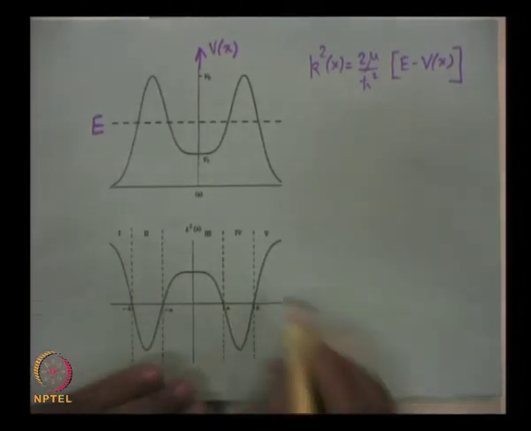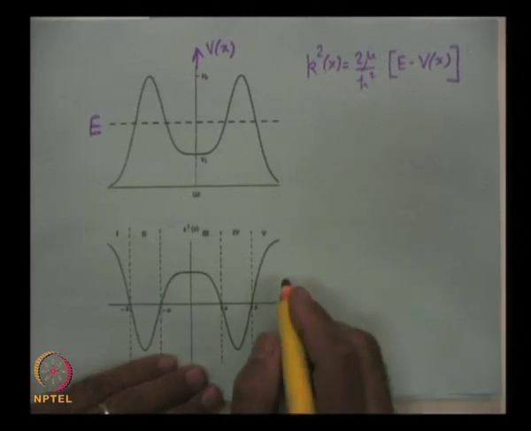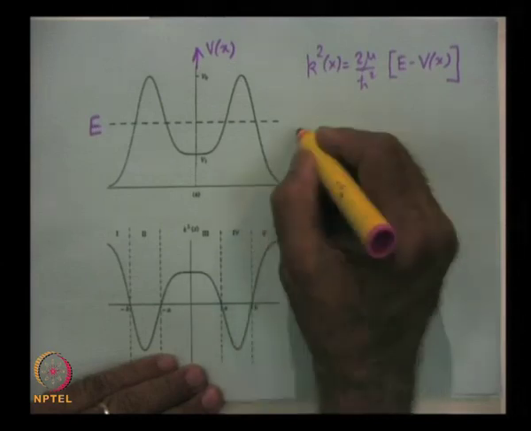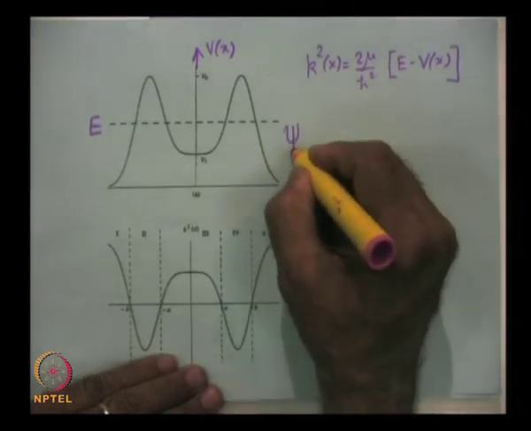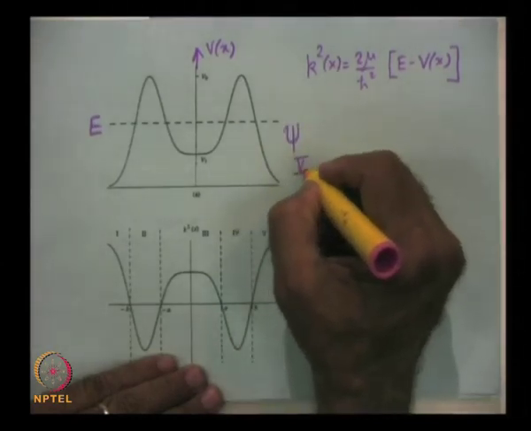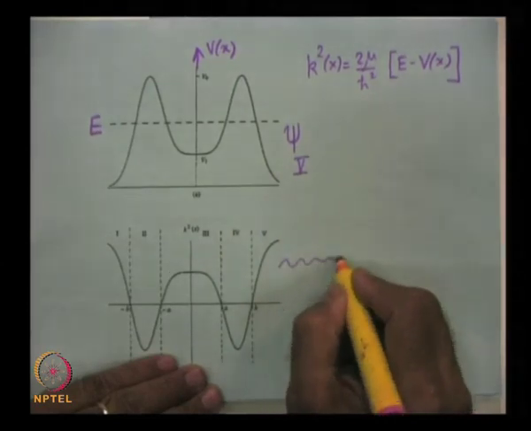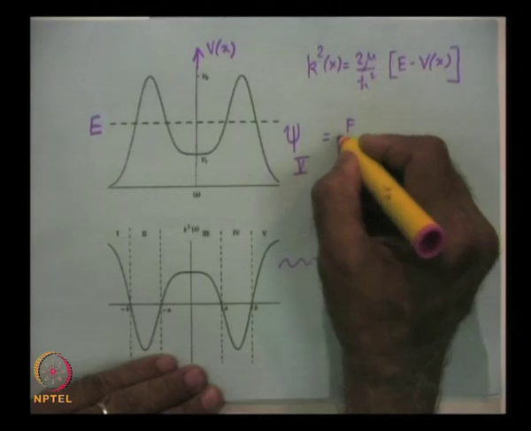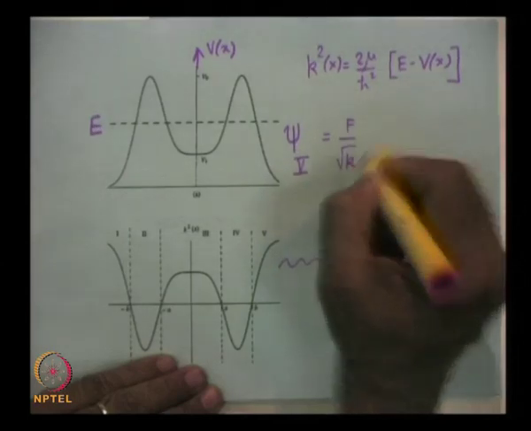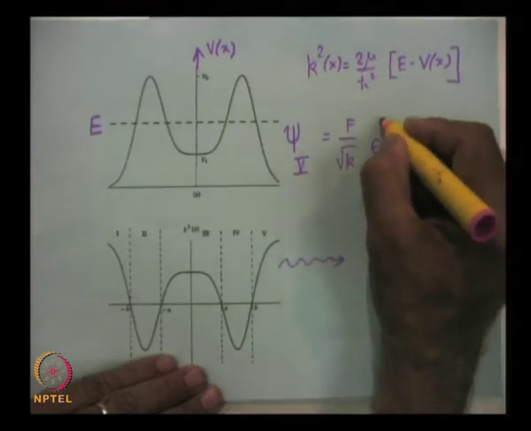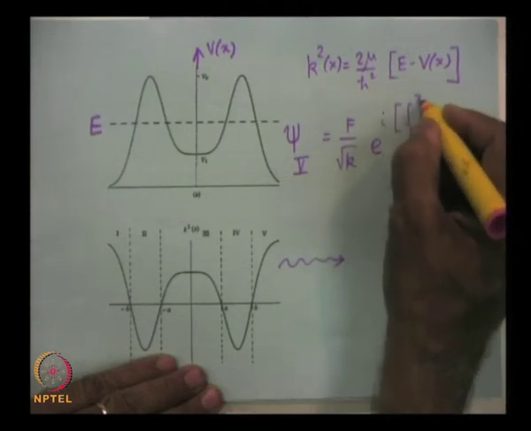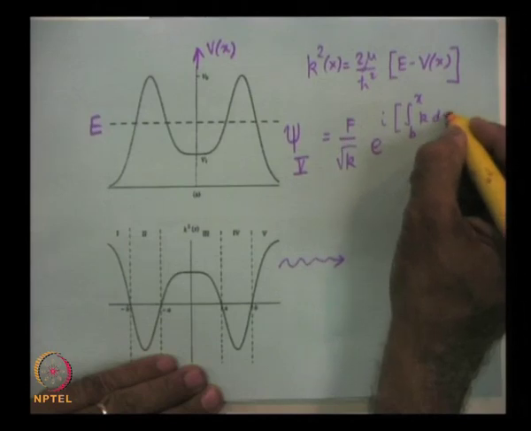Now, what we have to do is first start with the solution in region 5. So, psi in region 5 will be an outgoing wave. We write this as f by root k e to the power of i integral b to x k dx plus pi by 4.